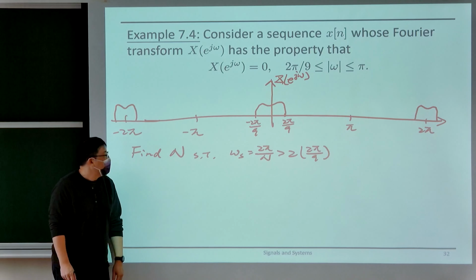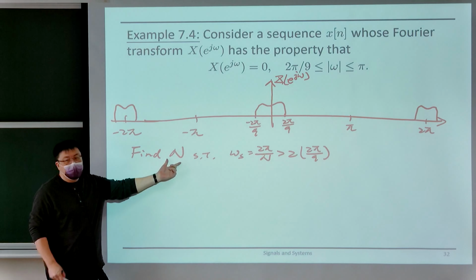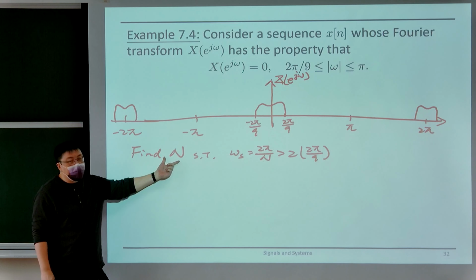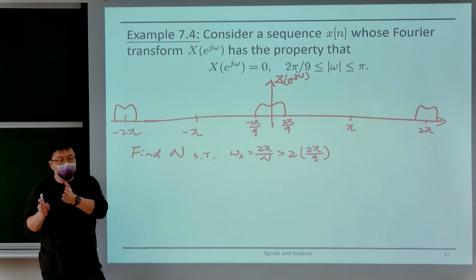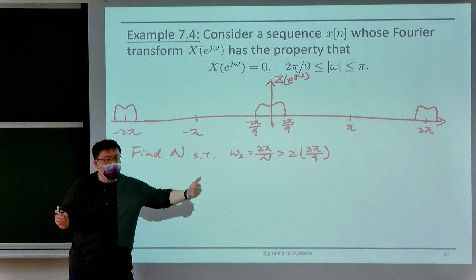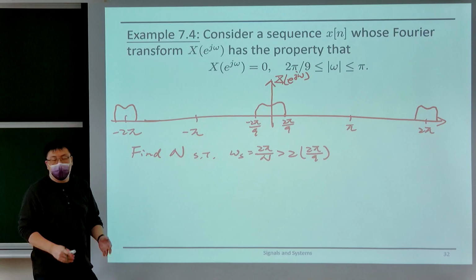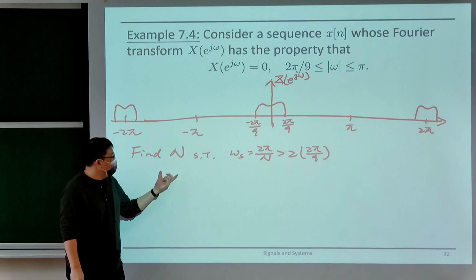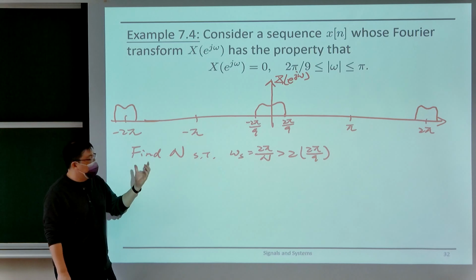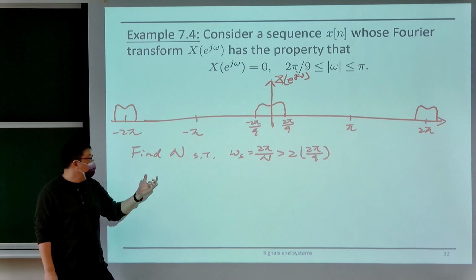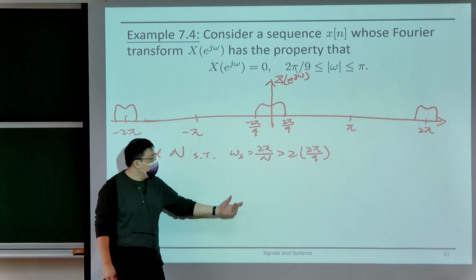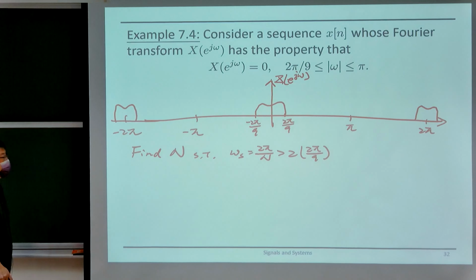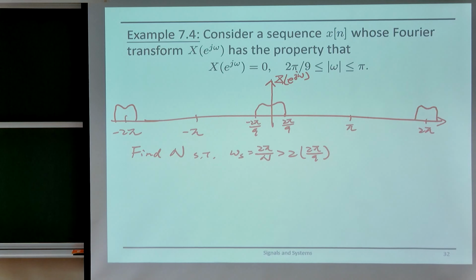This means that the period of your sampling cannot be too large. If capital N is too large, you're sampling too far apart and not getting enough samples to reconstruct the signal. So there should be a maximum value of N that will still allow you to satisfy the Nyquist sampling criterion.